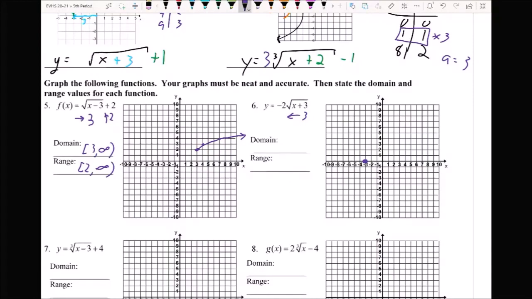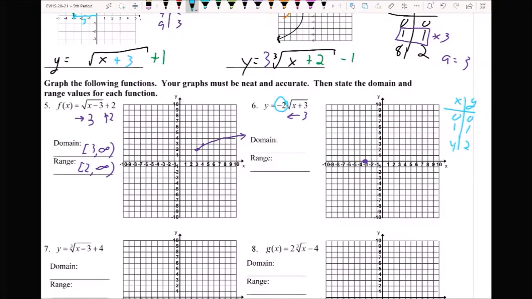Now, the A value of -2, first off, that's going to be a reflection, so it's going to be going down. And the 2 value means that on our parent function, we had our table, we had x, y, 0, 1, and 4. Square root of 0 is 0, and then 1, and square root of 4 is 2.